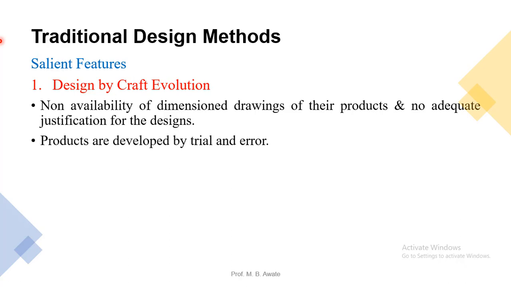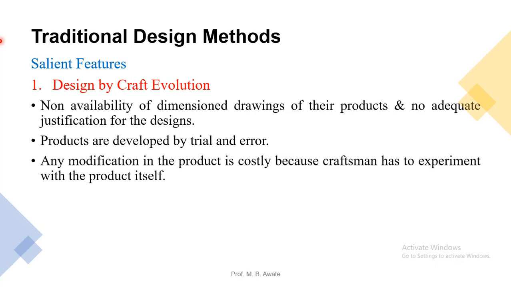Second, the products are developed by trial and error method in case of craft evolution. Any modification in the product is costly because the craftsman has to experiment with the product itself.